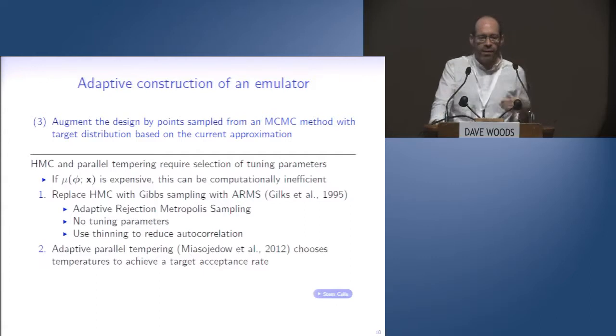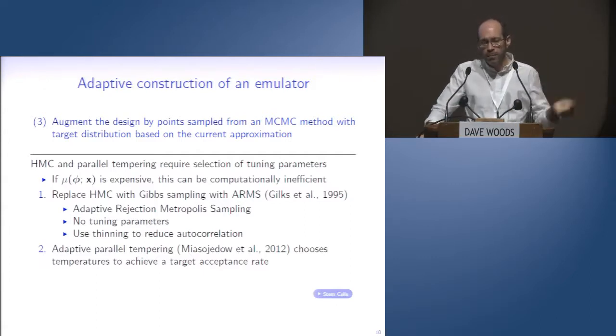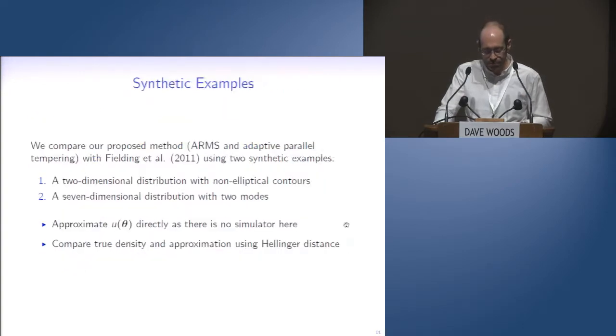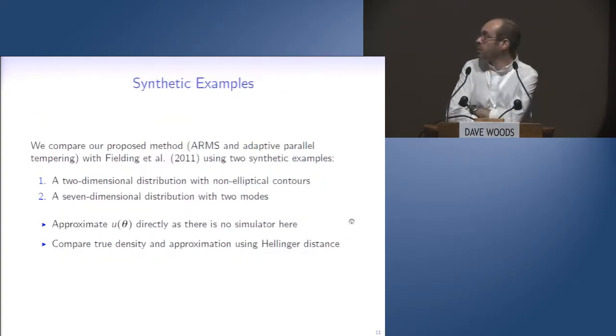So basically what we're saying here is there are two kinds of steps. One is we are definitely going to emulate the simulator so we can do model checking, and then we want to try and reduce our dependence on tuning parameters by adopting these alternative methods. So let's just see how these work on one or two synthetic examples, and these are actually two examples which Fielding et al. used in their paper.